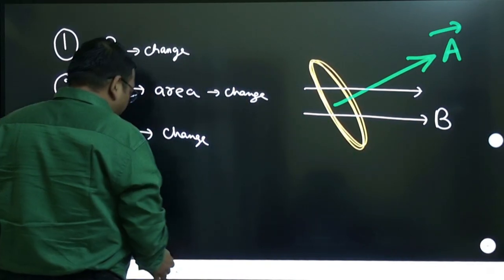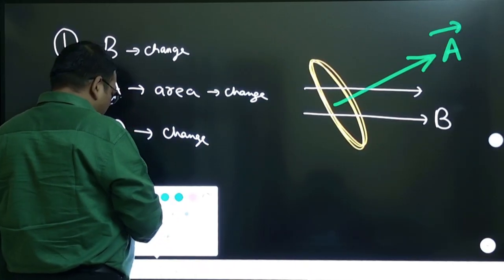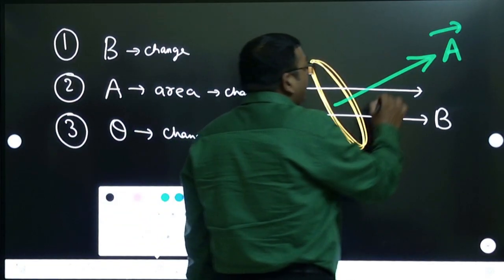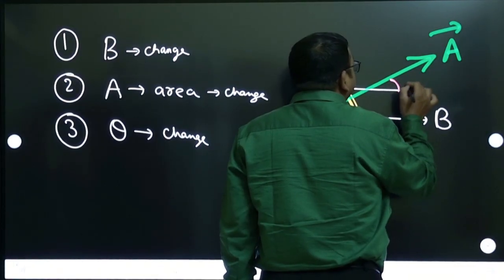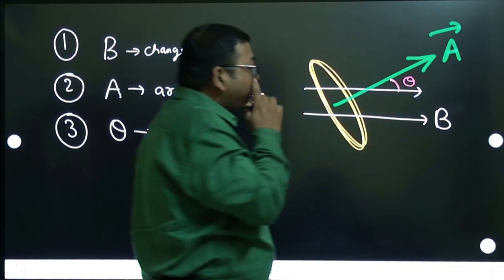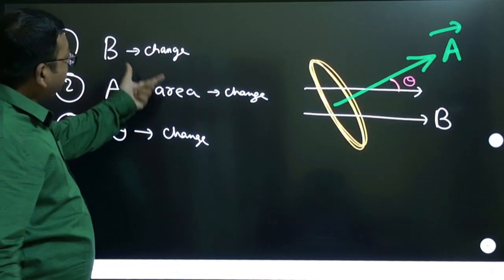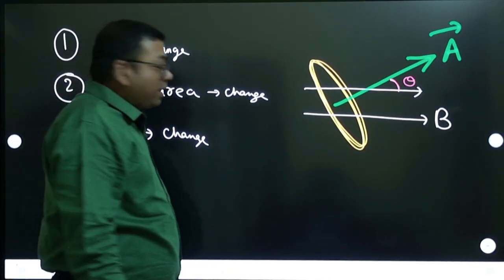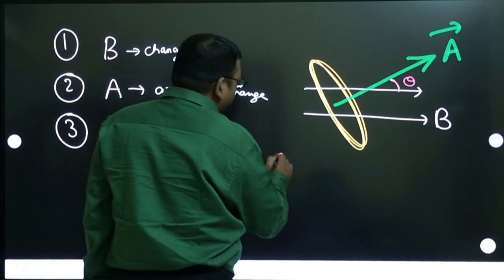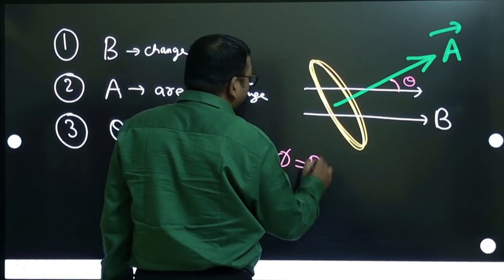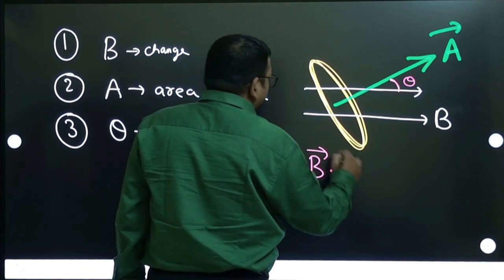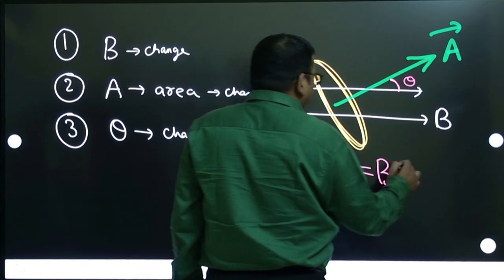And the angle between the area vector and this magnetic field is theta, right? So if you change any of these things, the flux will change, because flux is nothing but B dot area vector, which is B A cos theta.